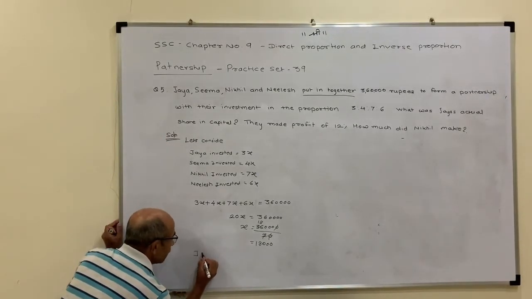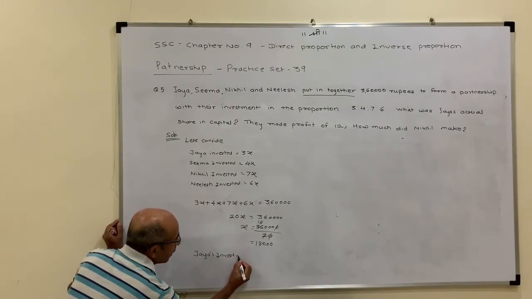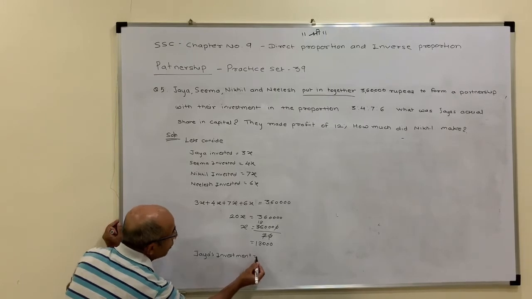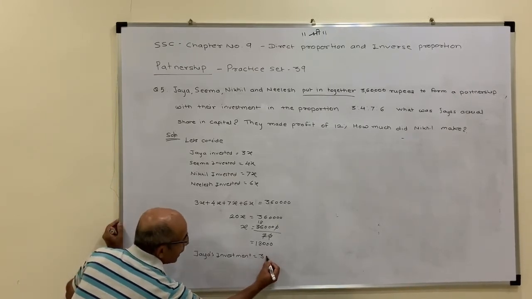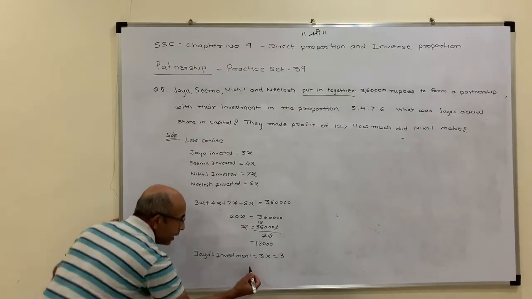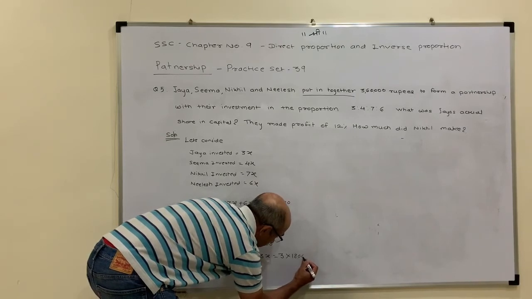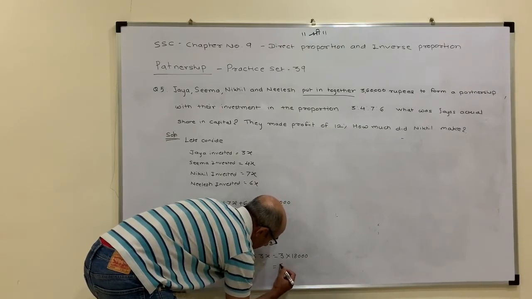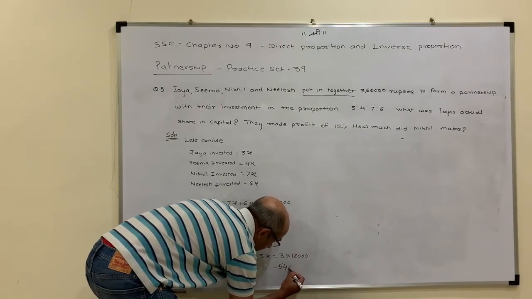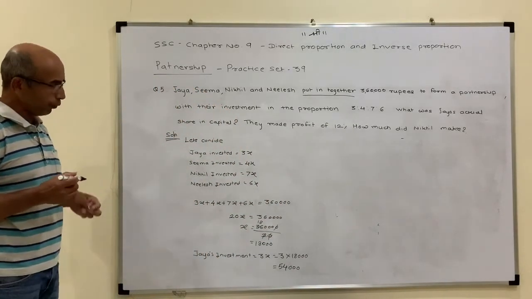Jaya's investment equals 3x, that is equal to 3 into 18,000. 18 threes are 54. So Jaya's investment is 54,000.